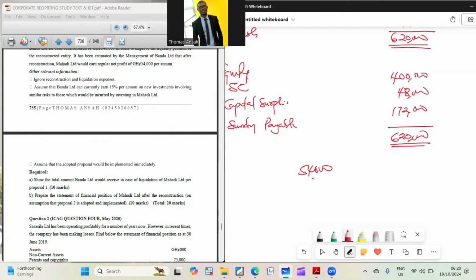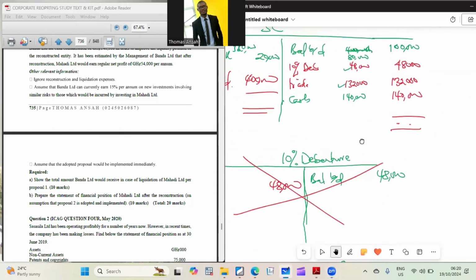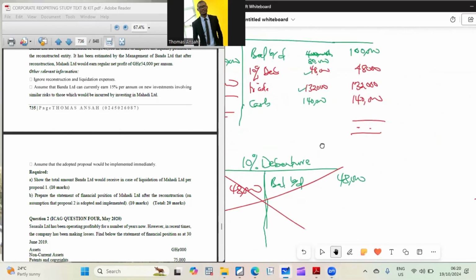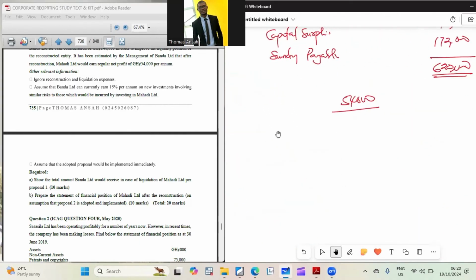How many shares do you have now? Just in case you have a question that asks you to do that. The number of shares is also 400,000. So then you calculate your earnings per share.